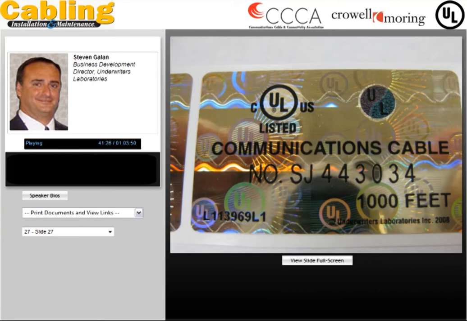I'm not sure how well this photographs, but hopefully you can see that here is a typical label for a listed communications cable. Let's go over a couple of the components that are on this label. The C to the left of the UL in the circle located at the top left quadrant of the label means that the product is listed to requirements in Canada.